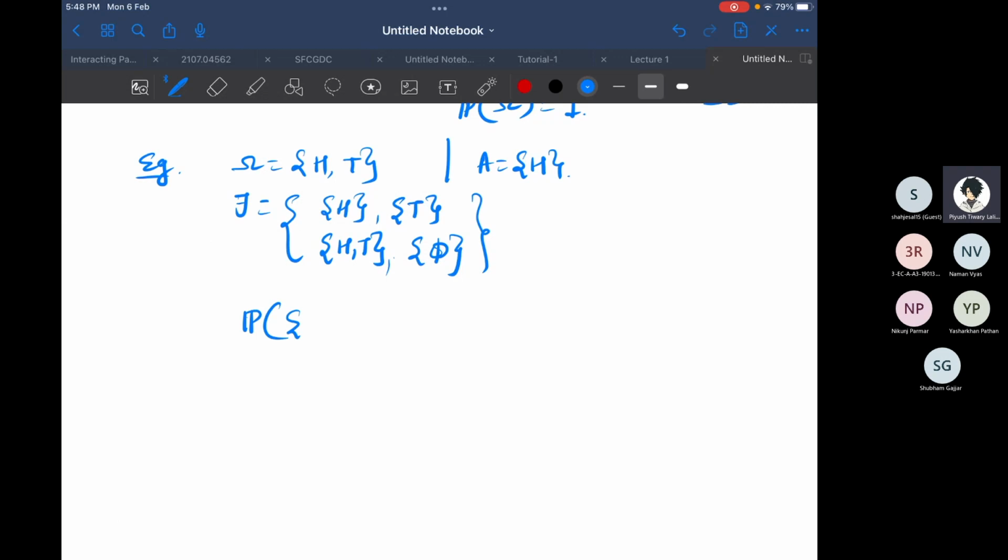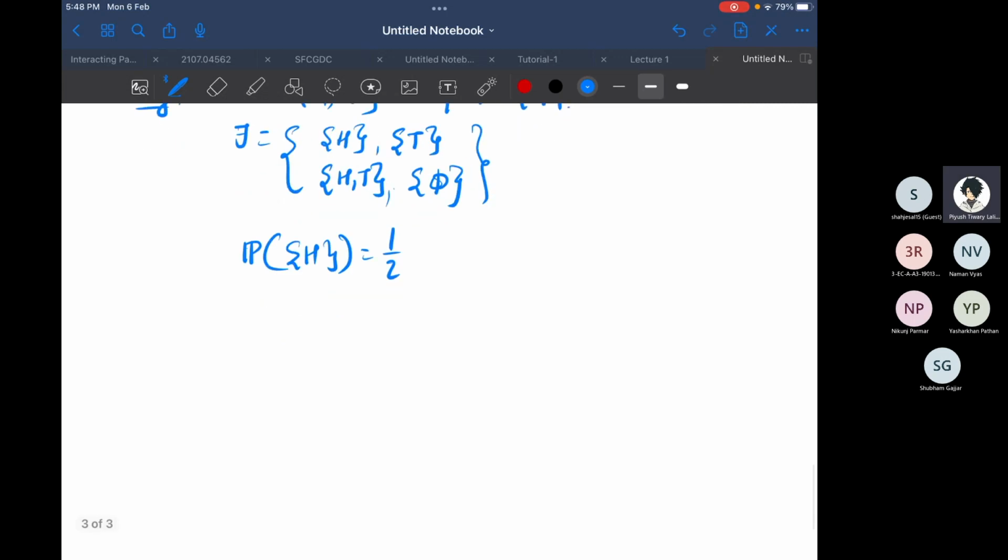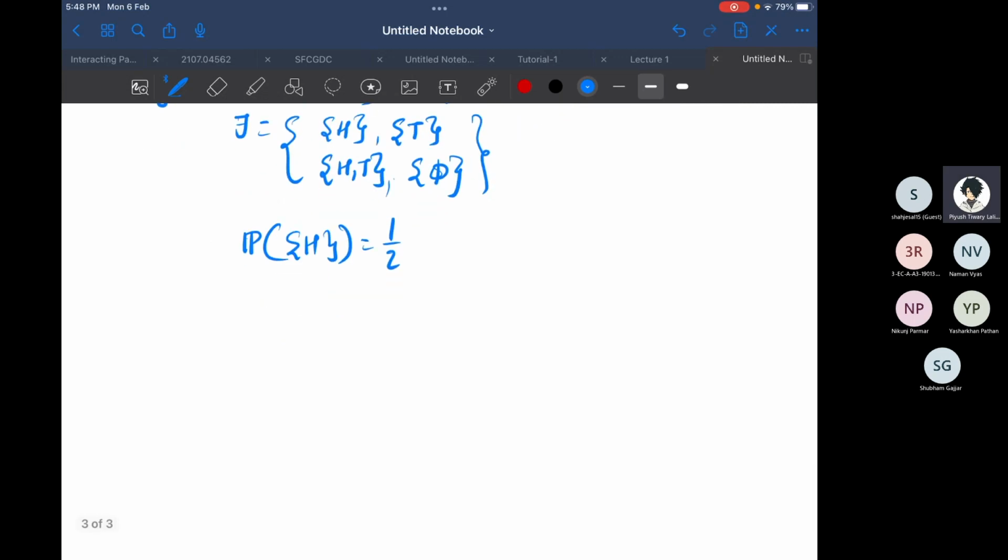So I say probability measure for heads, let me assign that as half. This is something that I will decide. Probability measure is something that is governed by the environment, or the physics. So since I knew that it is a fair coin, I can assign heads a probability of half. Now, as I discussed earlier, omega has probability of 1.